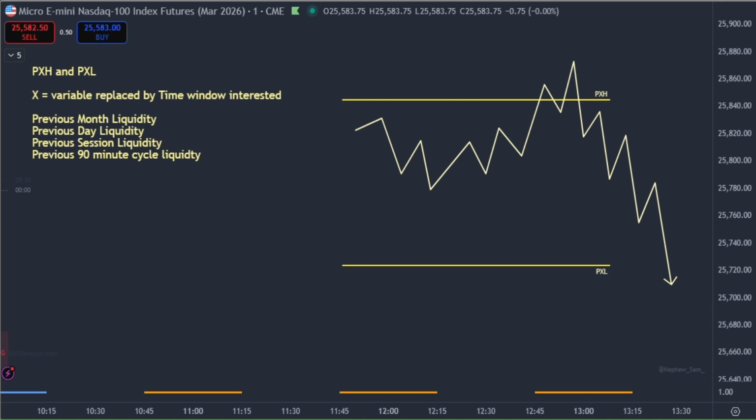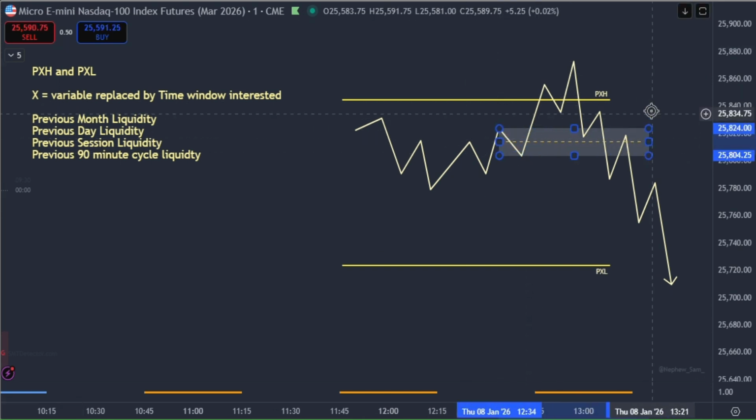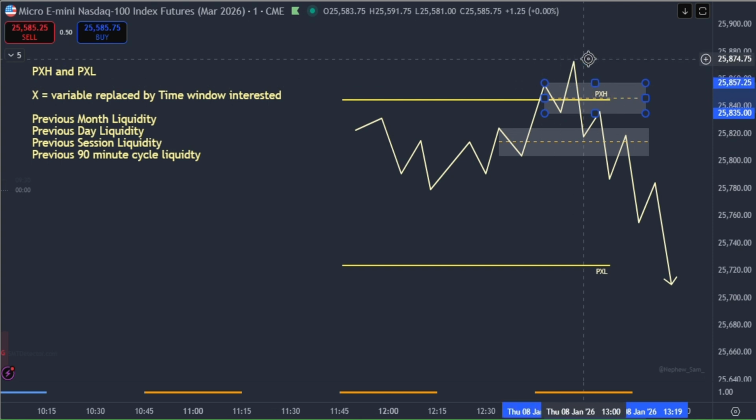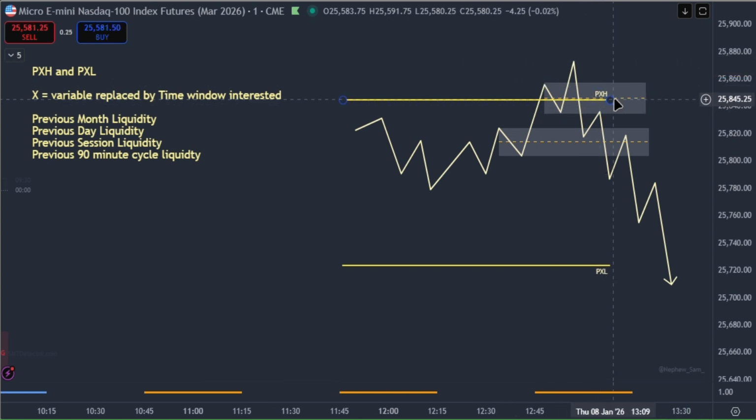So anything on the left side should now be respected. So if you don't catch this breaker or this inverse fair value gap, whatever you're looking for, if you don't catch this top one up here, you can wait for here, right? And you know that this session high or whatever high got purged, you know we're going to come down here, okay?